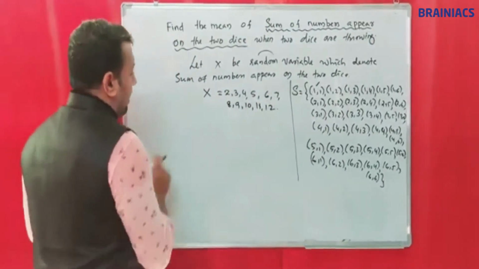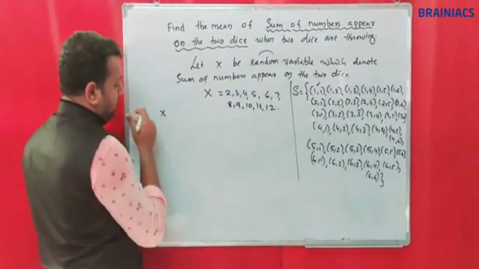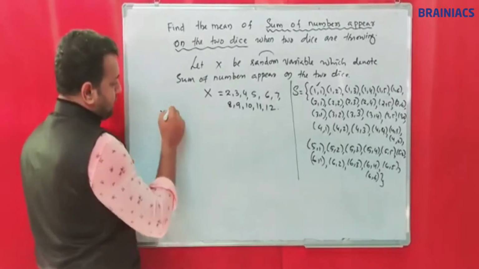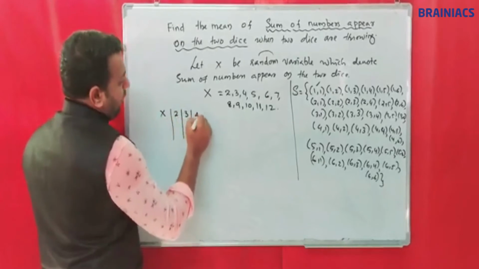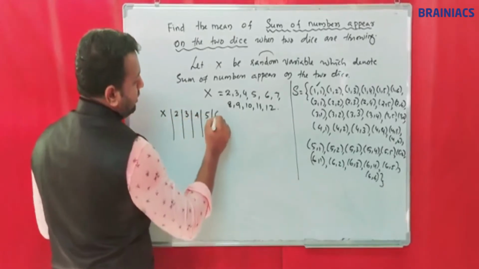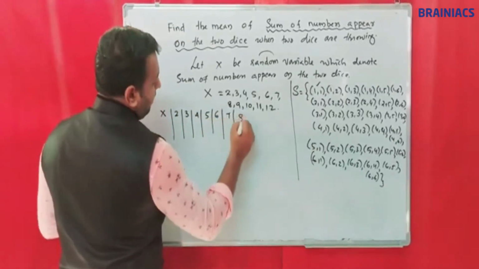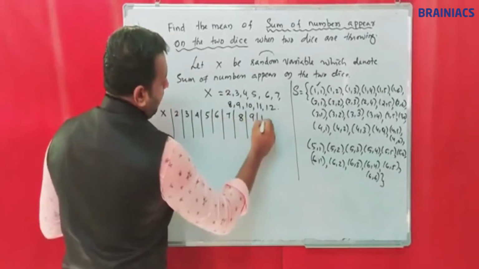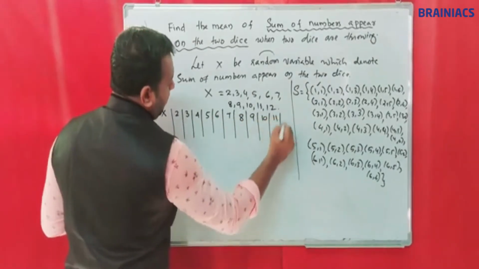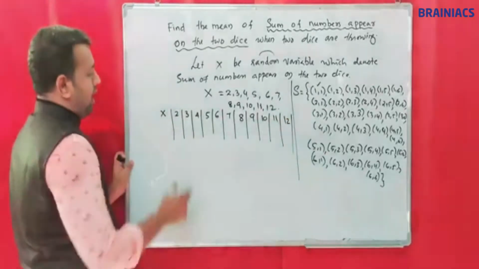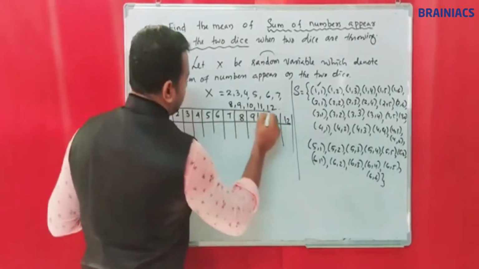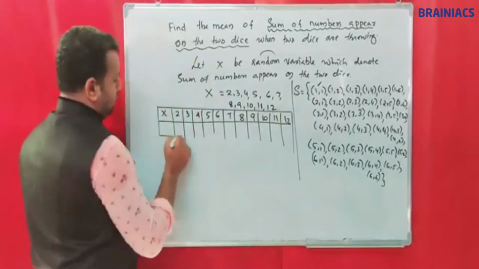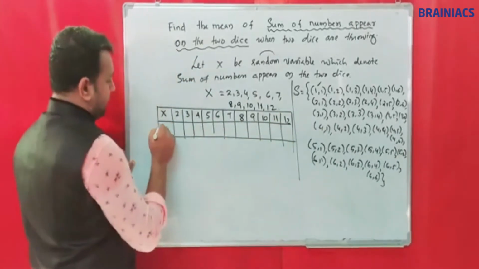So the probability distribution table is x: 2, 3, 4, 5, 6, 7, 8, 9, 10, 11, 12. And P of x is their respective probability.